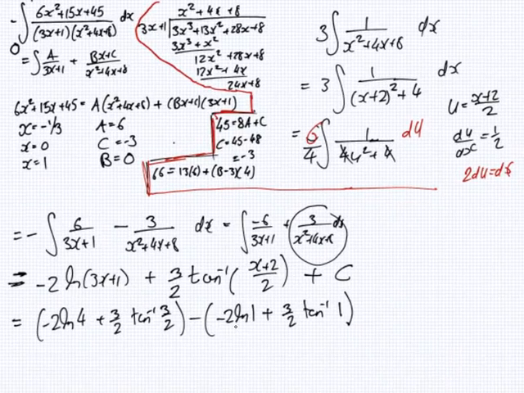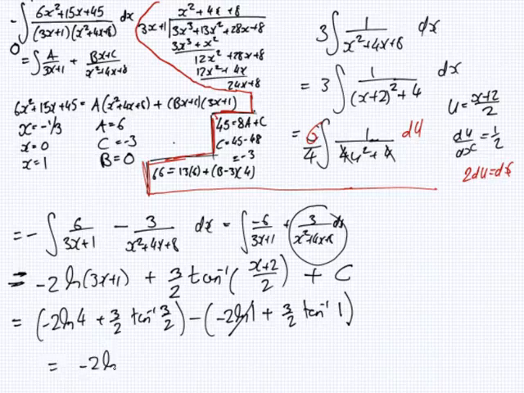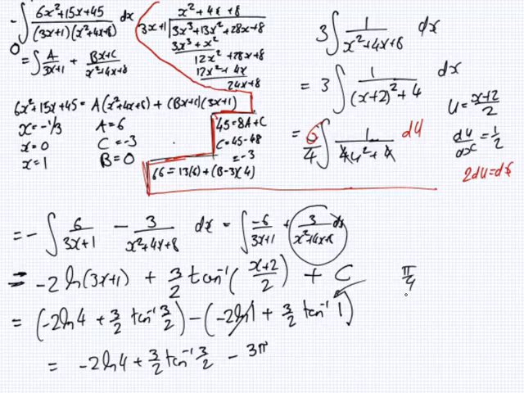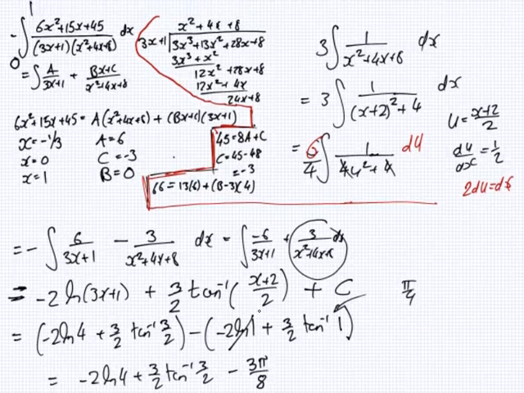Log 1 is 0, so you're left with minus 2 log 4 plus 3 over 2 tan inverse 3 over 2. Tan inverse of 1 is pi over 4. So pi over 4 times 3 over 2 is 3 pi over 8, and that is the final answer here.